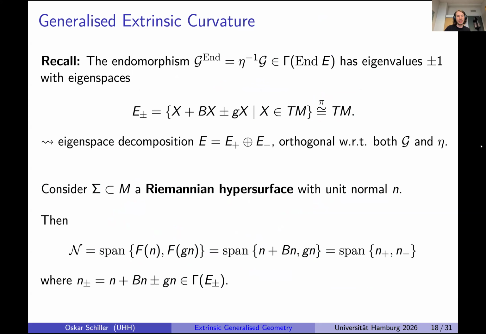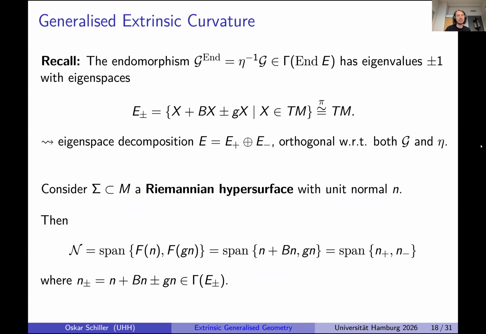Okay, so a bit more of a reminder. We have to recall that the endomorphism associated to the generalized metric, because it squares to 1, has eigenvalues plus and minus 1. And you have the associated eigenspaces, E plus and E minus, which are very important in generalized geometry.